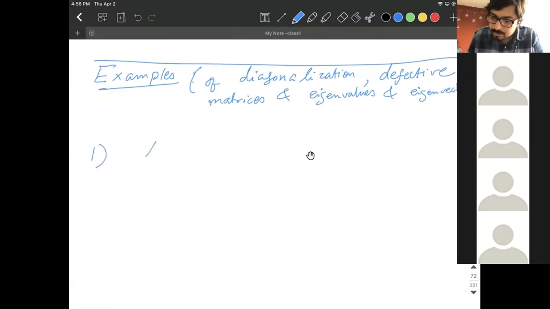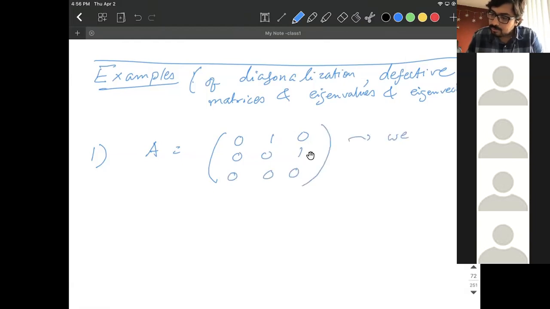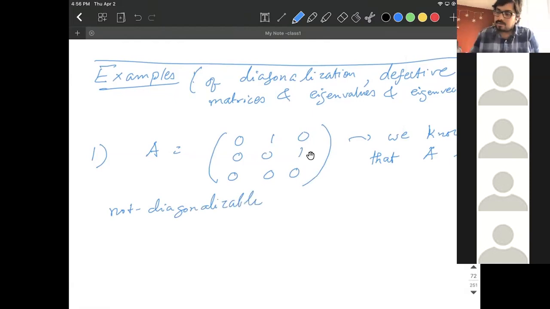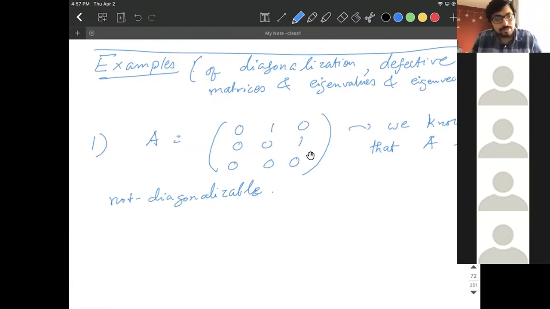We have seen that if you take A to be this matrix 0, 1, 0, 0, 0, 1, and 0, 0, 0, then we know that A is not diagonalizable, by a different method, which we have seen in the last class, right? So we have actually proved it. But now let's check what are the algebraic and the geometric multiplicities of the eigenvalue.